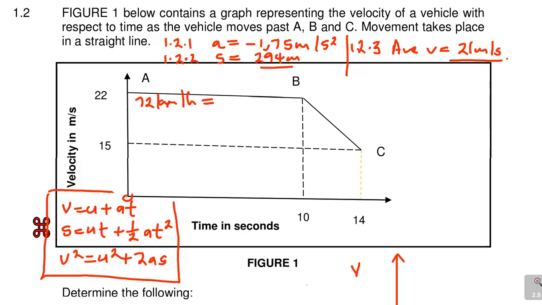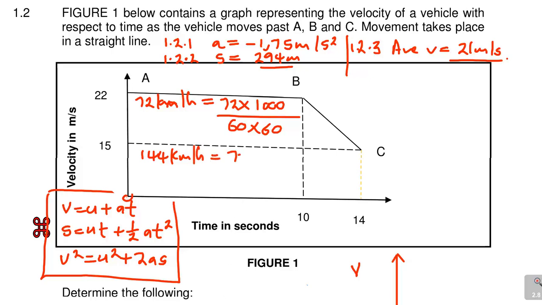So if you want to convert 72 kilometers per hour into 20 meters per second, what you do, you say 72 times, remember, kilometers to a meter, you multiply by 1,000 over an hour to seconds is 60 times 60. That's how you convert.